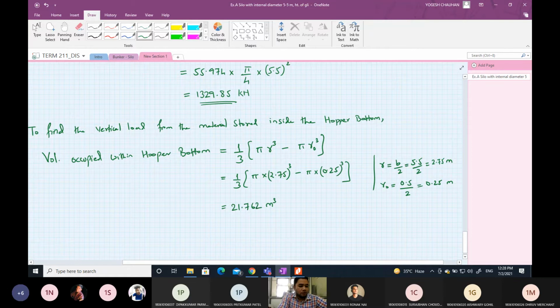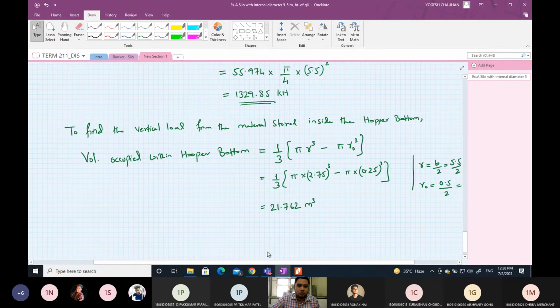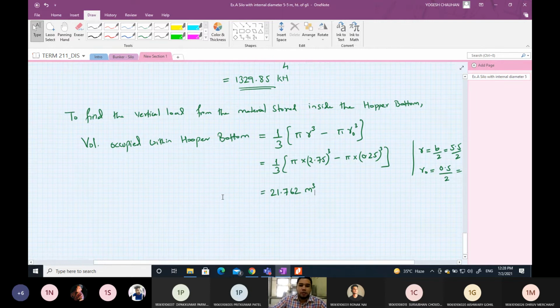Multiply this volume with the unit weight of the material, and you will get the vertical load from the material stored inside the hopper bottom.